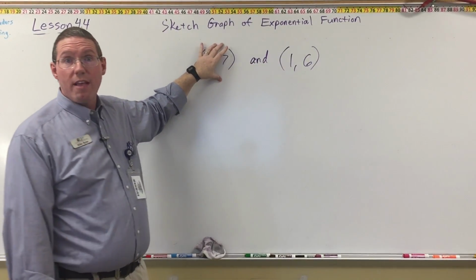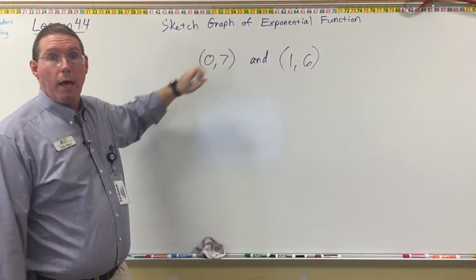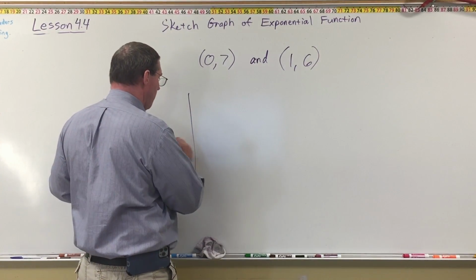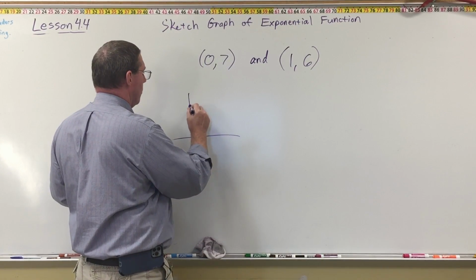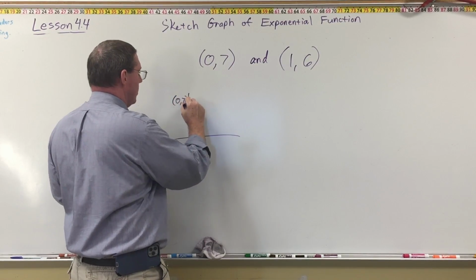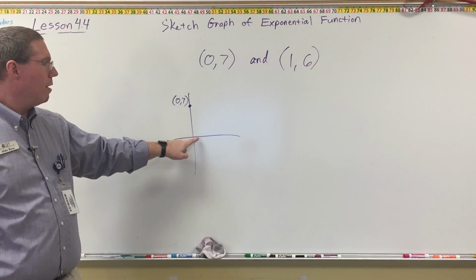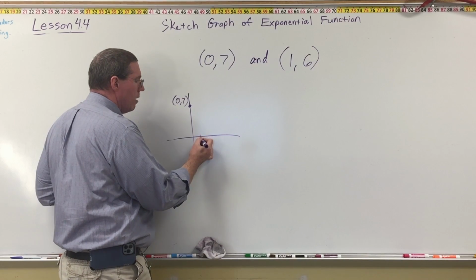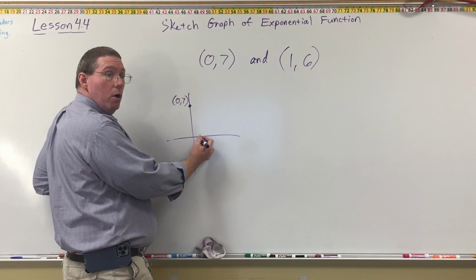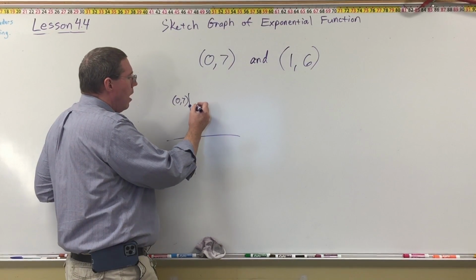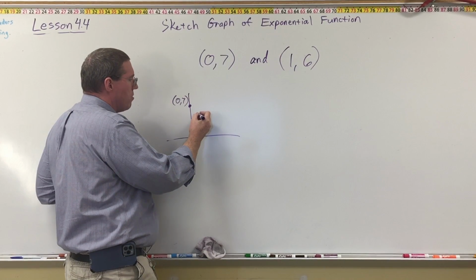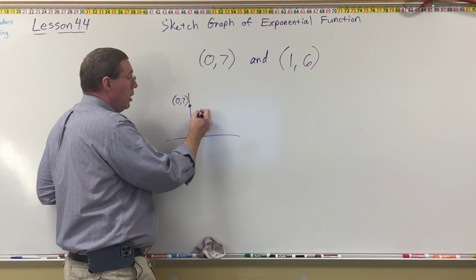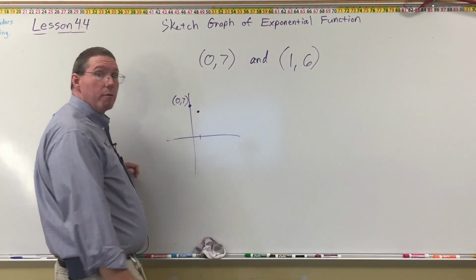So 0, 7 is here on the coordinate plane, right? Where is 1, 6? Is this point going to be above the 0, 7 or below the 0, 7? Below, because 6 is less than 7, right?